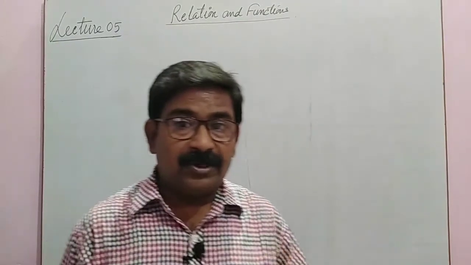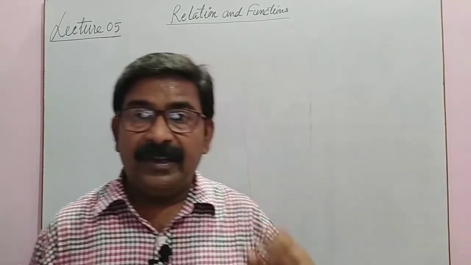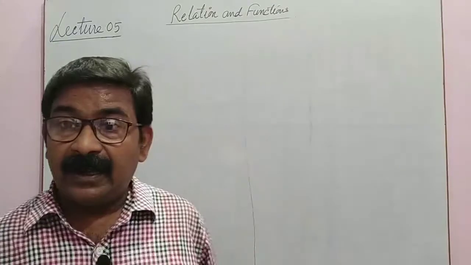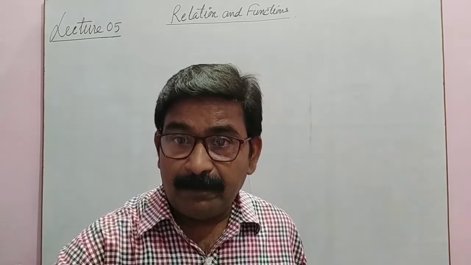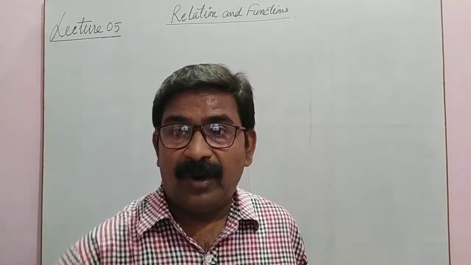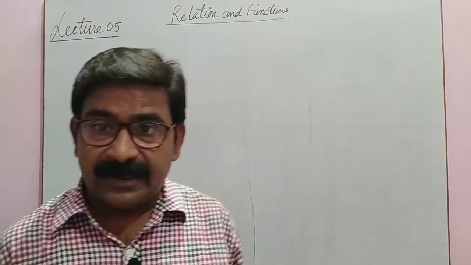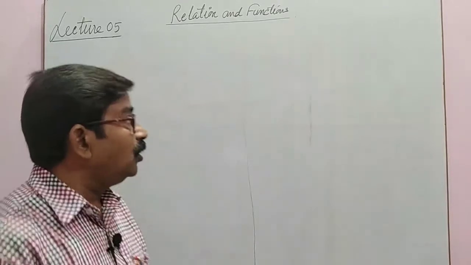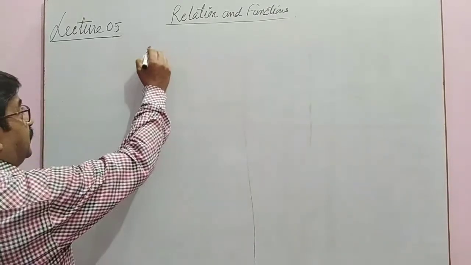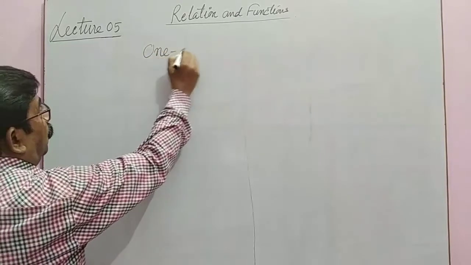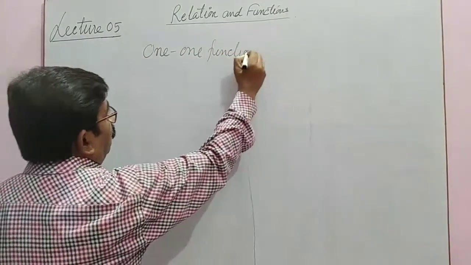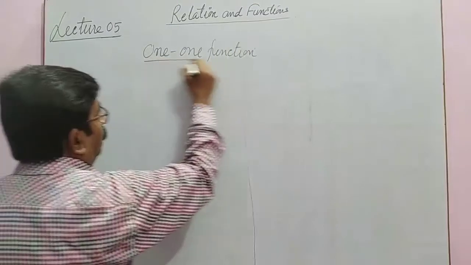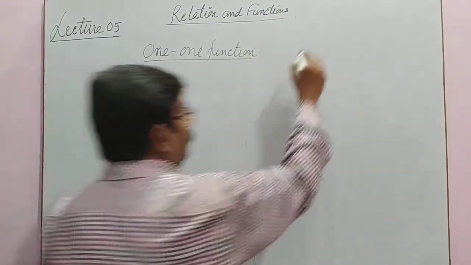If every element of the first set has only one image, one pre-image must have one image in the other set, this function is called one-one function. Let's see. What is the sense of one?